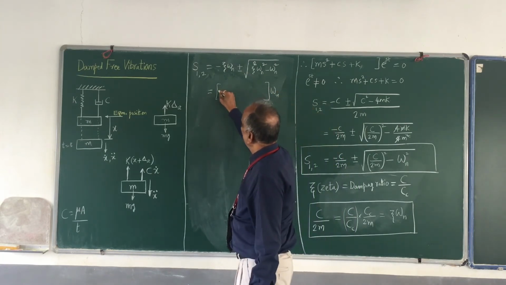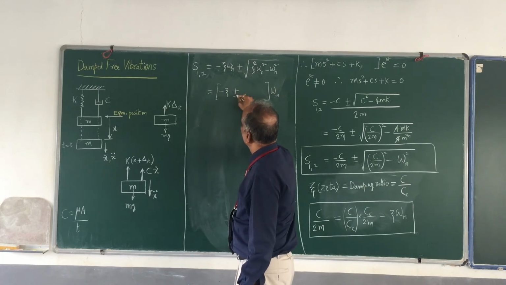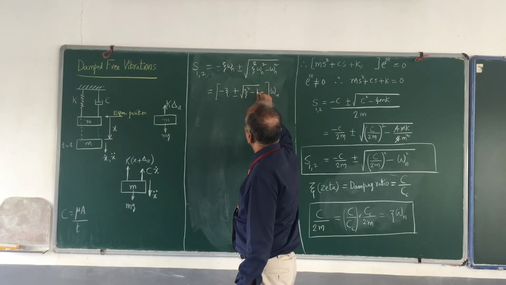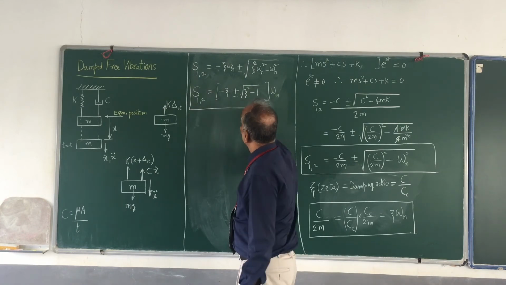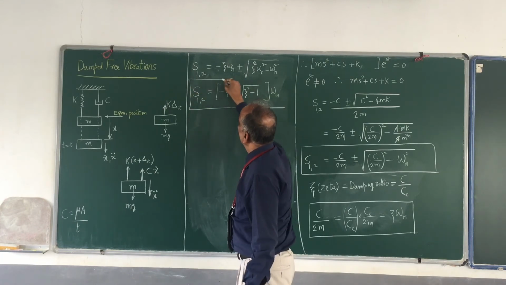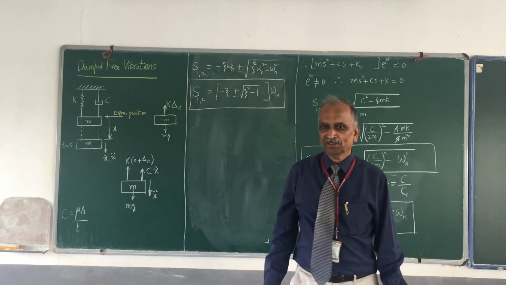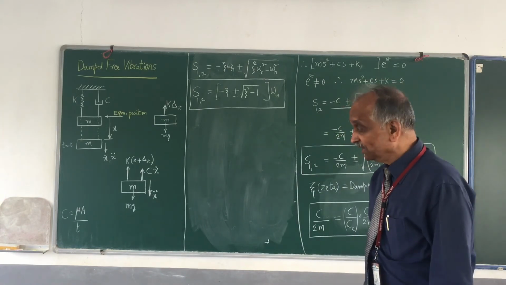So this is equal to omega n times minus zeta plus or minus square root of zeta square minus 1, and this is S1, 2. Most important. This will be our starting point for our further analysis.